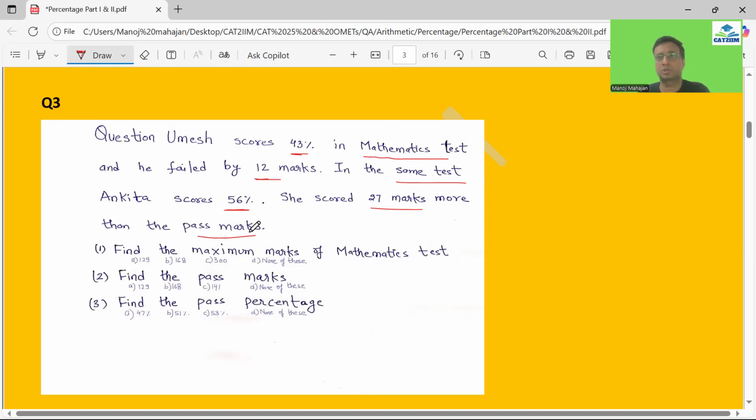And of course, a lot of students are going to make the equation. So what they're going to write, let me tell you, equation number 1 would be 43% of, let's say, the mathematics test is of T marks. Now it is written he failed by 12 marks. So let me say P is the pass marks.